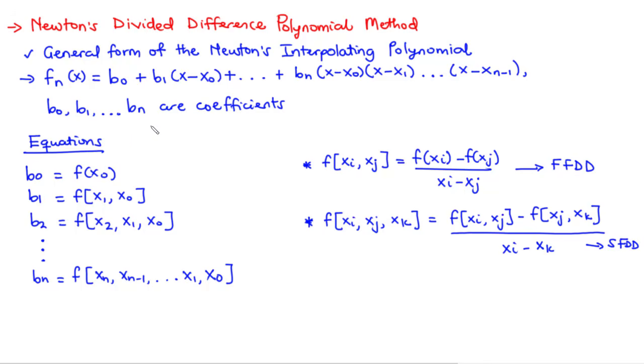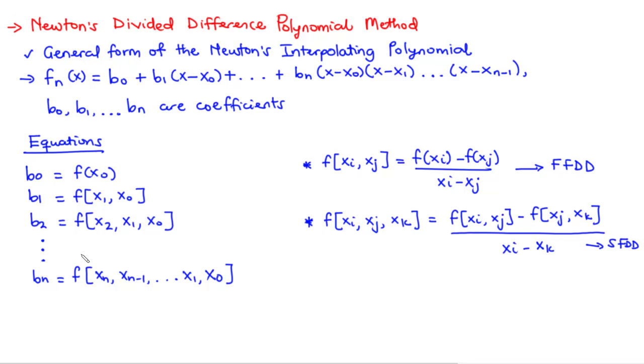Now these coefficients can be determined or evaluated by combining the data points that have already been given to us in the problem, including the equations that we find below. So we combine the data points and the equations we find below in order to find or evaluate b0, b1 through to bn, which are the coefficients.